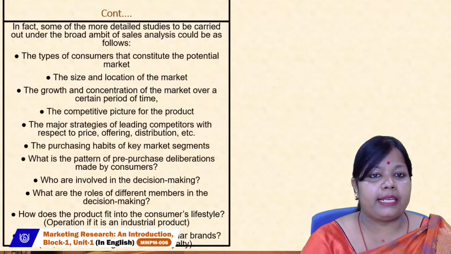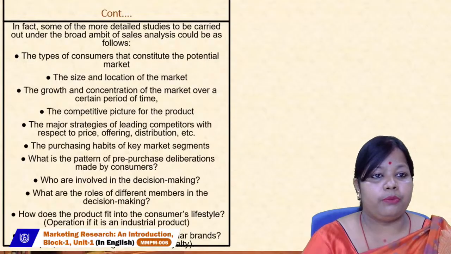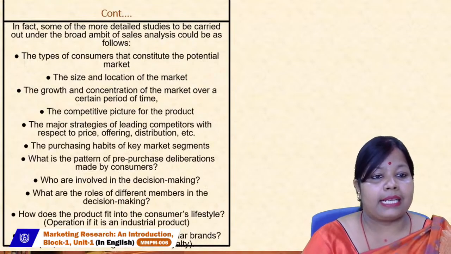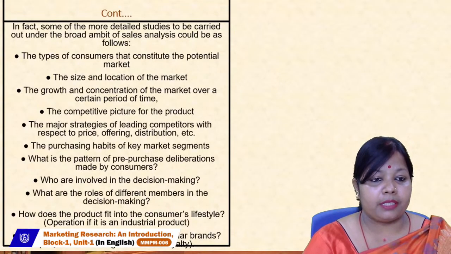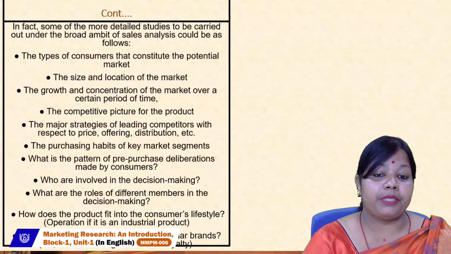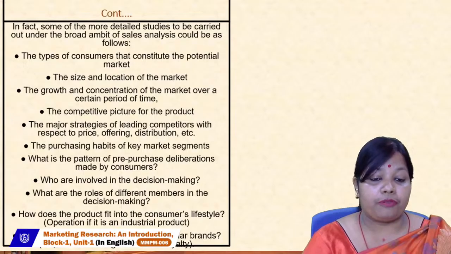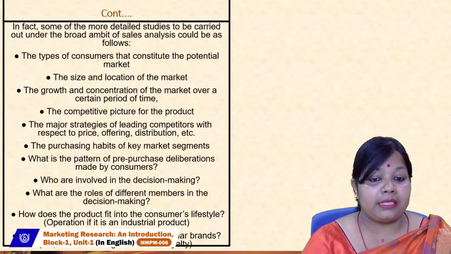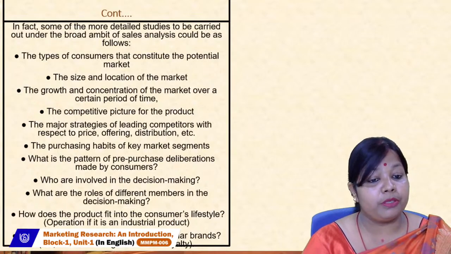In fact, some of the more detailed studies to be carried out under the broad ambit of sales analysis could be as follows: the types of consumers that constitute the potential market, the size and location of the market, the growth and concentration of the market over a certain period of time, the competitive picture of the product, the major strategies of leading competitors with respect to price, offering, distribution, etc., and the purchasing habits of key market segments. What is the pattern of pre-purchase deliberations made by the consumer?